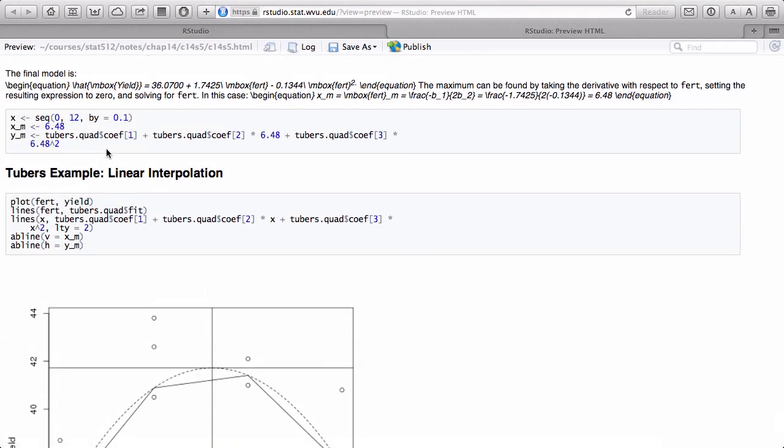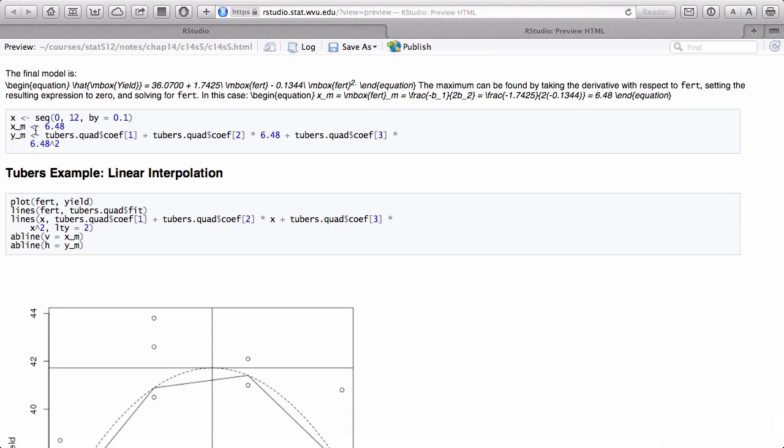Now, here's my model. I take the quad model coefficient 1, that's the intercept, and this is B1 and this is B2. So I'm taking B naught plus B1 times 6.48, that's the value of x, plus B2 times 6.48 squared. And that will give me the y value at the maximum.